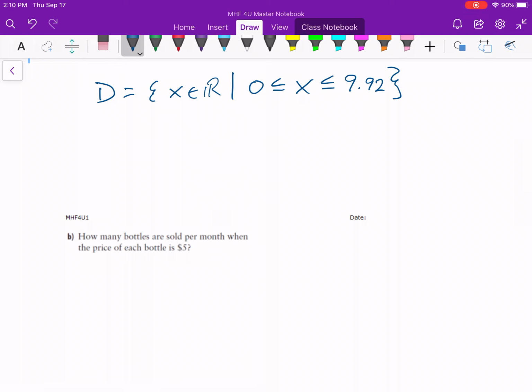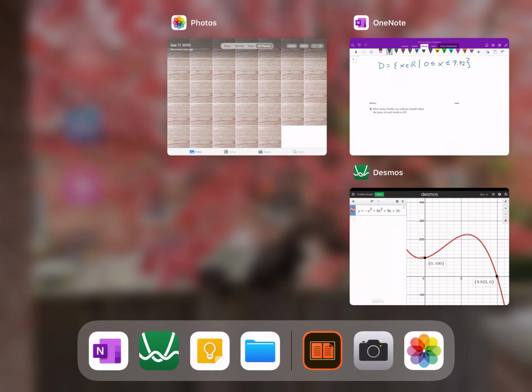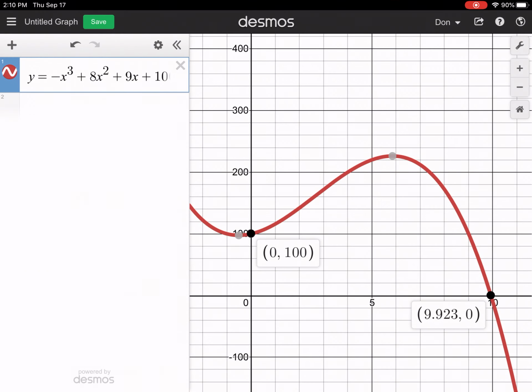How many bottles are sold per month when the price of each bottle is $5? Okay, we can still use our graph to help us answer that. At $5, we can see on the graph that it's somewhere around 219. An easy way to get that answer though is I can just put a vertical line in there.